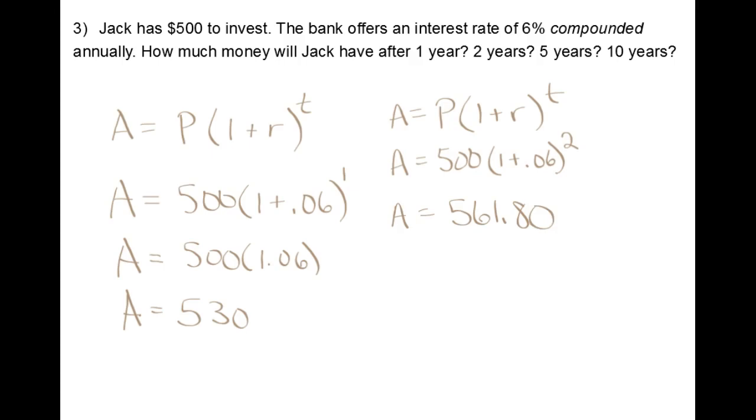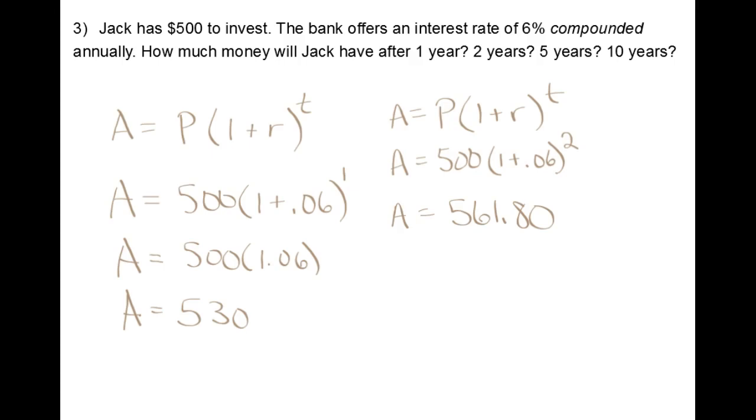Again, you can see that the first time it added $30, and the second year we added $31.80. Not a whole lot more, but we didn't say compound interest was magic. It just took that extra $30 and got the interest from that too.